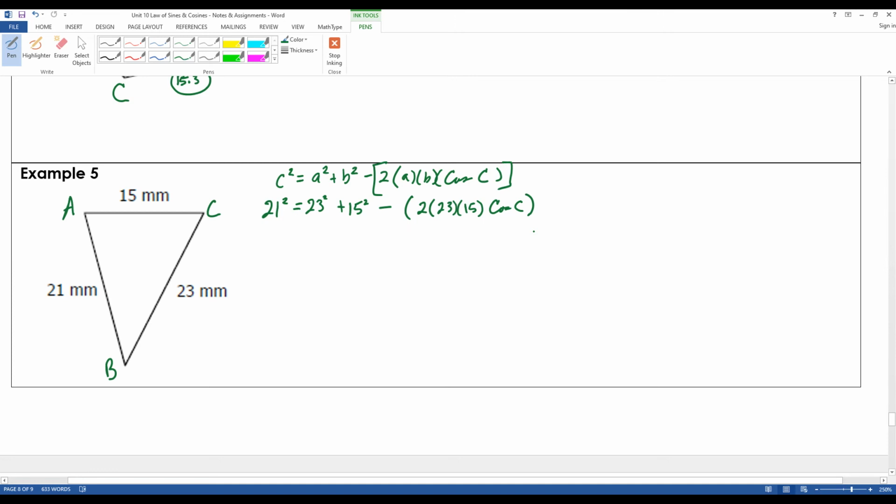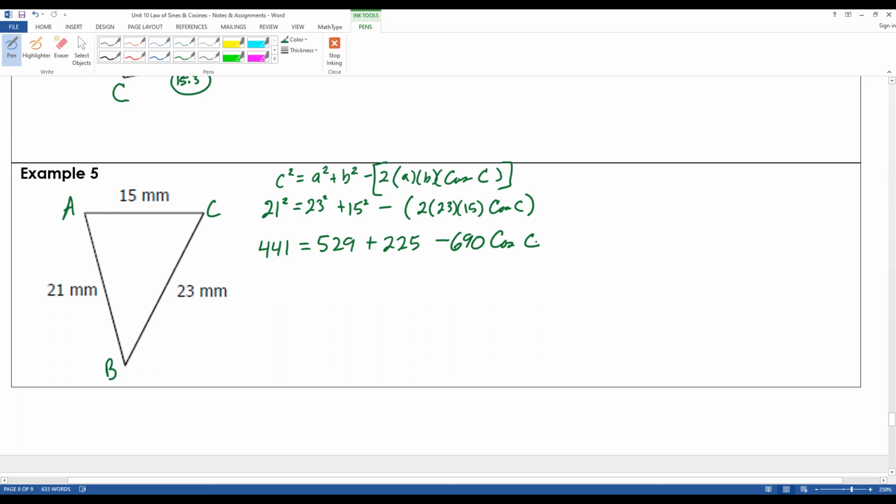So let's get our numbers. 21 squared, that's 441. 23 squared, that's 529. 15 squared, 225, minus 2 times 23 times 15. That is 690 times the cosine of C.